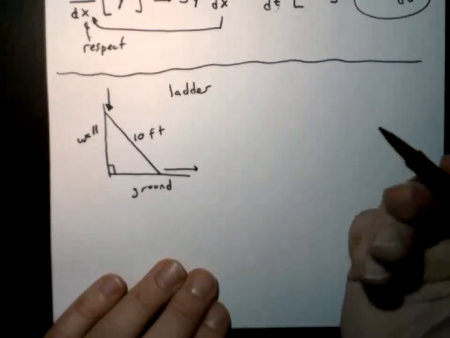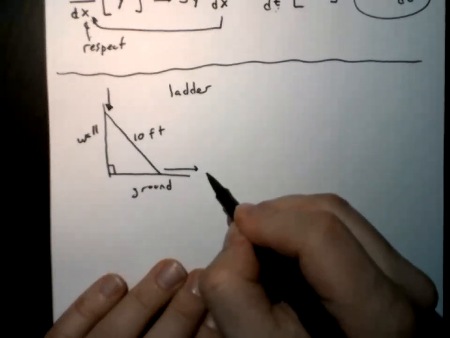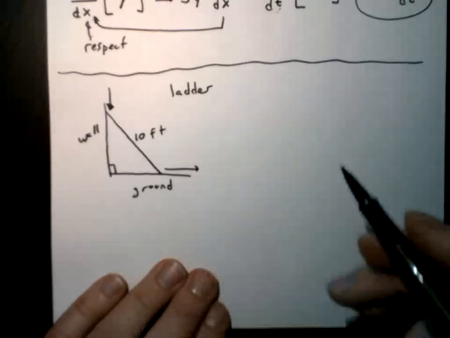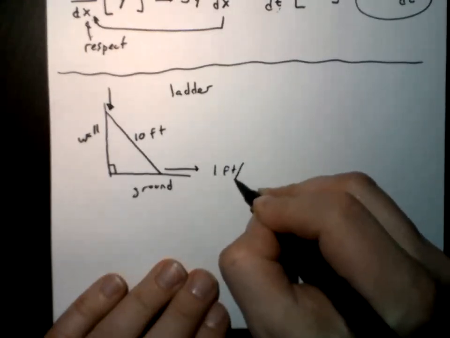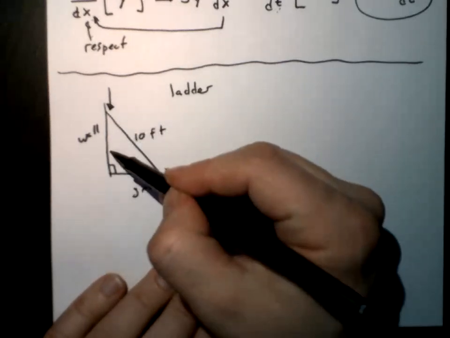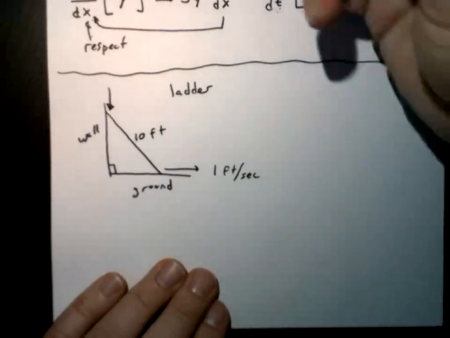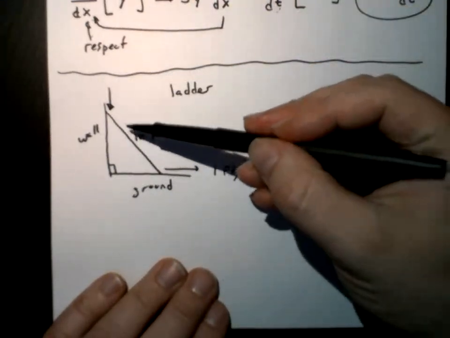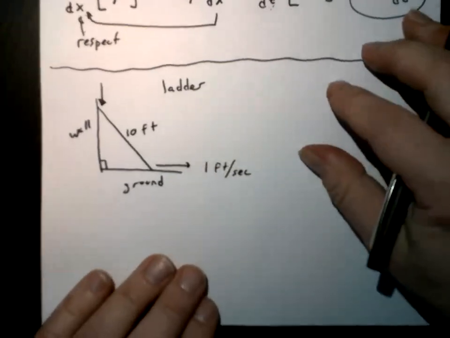Let's say the bottom of the ladder goes away from the wall, so it moves away from the wall at a rate of maybe 1 foot a second. So that's the rate. At the same time, this piece comes down. So as this slides out, this piece comes down. You're still going to have a 10-foot ladder regardless.